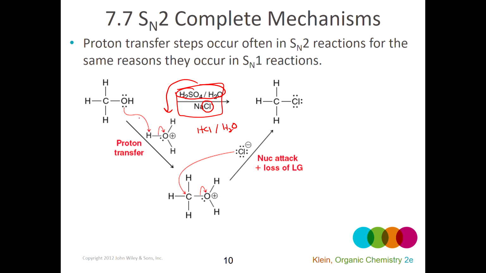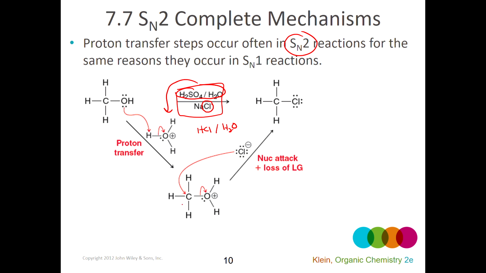So in this particular case, this one is going to be SN2. The reason for that is because once this OH picks up a proton to become a good leaving group, it can't leave behind a methyl carbocation. Methyl carbocation is the least stable one, and that would take a huge amount of energy to produce such a really unstable carbocation that doesn't really have any conjugation or serious induction to help stabilize it.